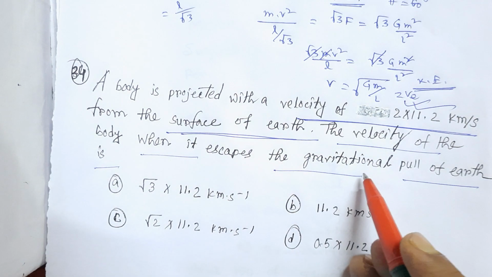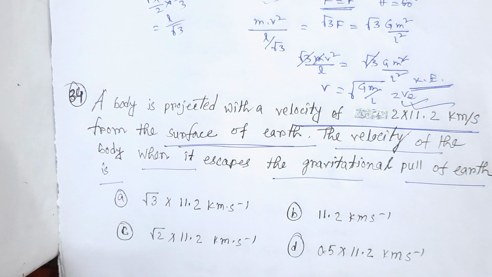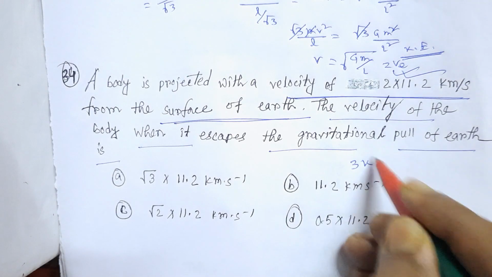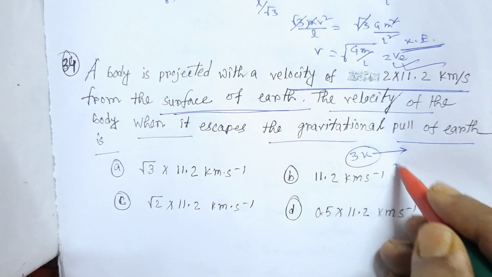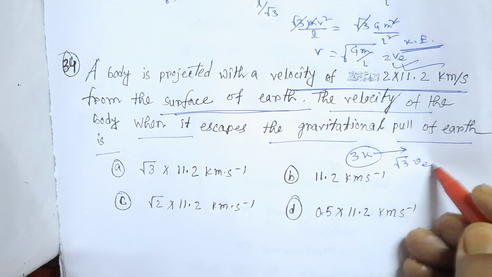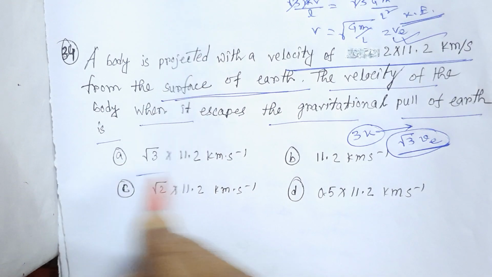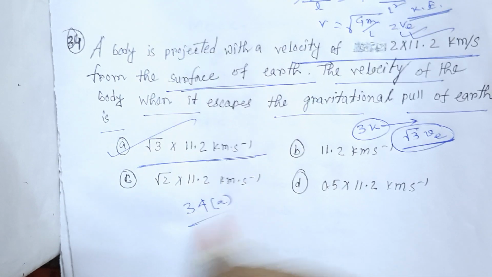When it goes out of the Earth's atmosphere, 1 part of kinetic energy is lost. So 3 parts of kinetic energy will be there. So the speed will be root 3 times v. So now the speed is root 3 into 11.2 kilometer per second. So the correct choice of question number 34 is A.